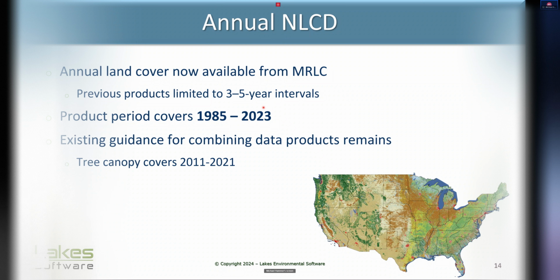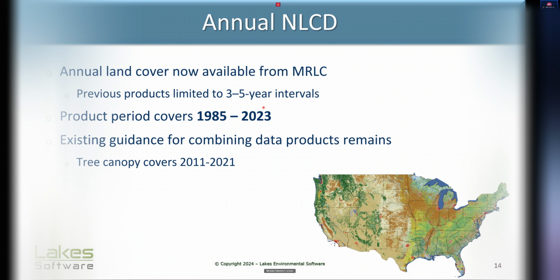Now, existing guidelines for the combining of data products still remain in place. By that, I mean that AERSURFACE can read digital land cover data as well as digital impervious surface percentage and tree canopy percentage data files.